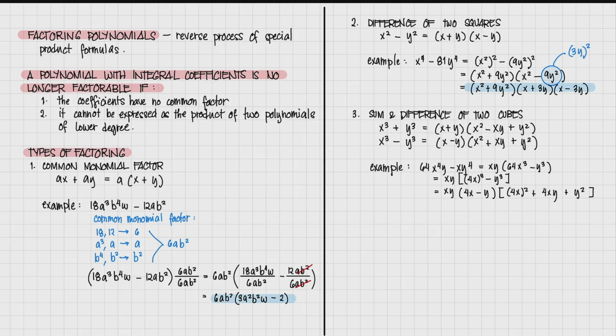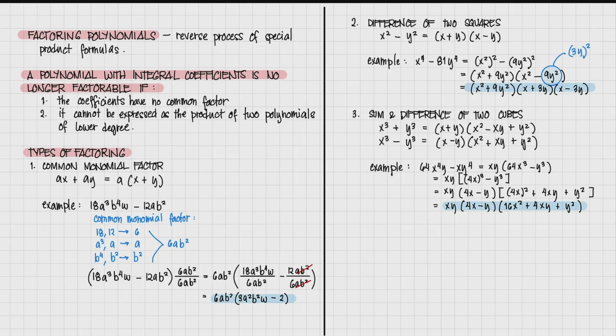So further simplifying this, you get xy times 4x minus y times 16x squared plus 4xy plus y squared. Okay, so that's the final answer for type number 3, sum and difference of two cubes.